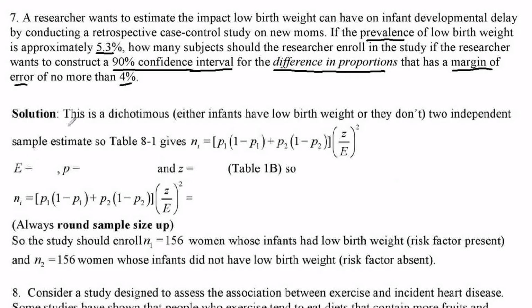Our margin of error they gave us as no more than 4%, so that would be 0.04. And then the proportion that they gave us, they told us here that prevalence of low birth weight was 5.3%. So 5.3%, as a decimal, is 0.053.